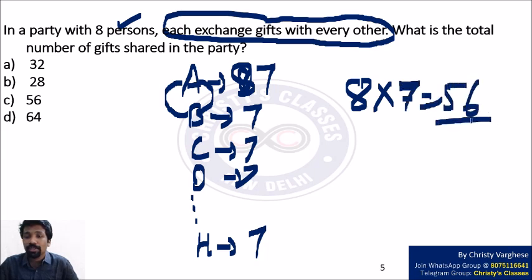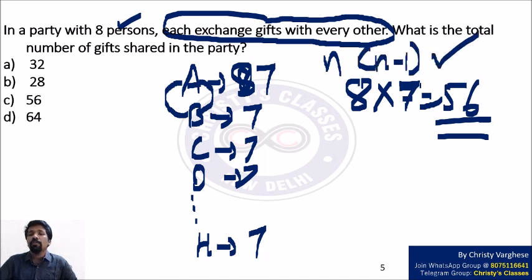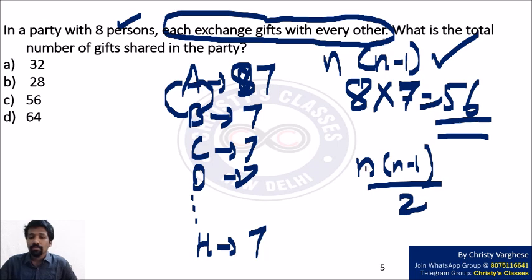So simple a question. Or we can say n people have to give n minus 1 gifts each, so n into n minus 1 will be the idea. But in the handshake problem, it is n into n minus 1 by 2, if n is the number of people. So according to the situation only you can find the answer.